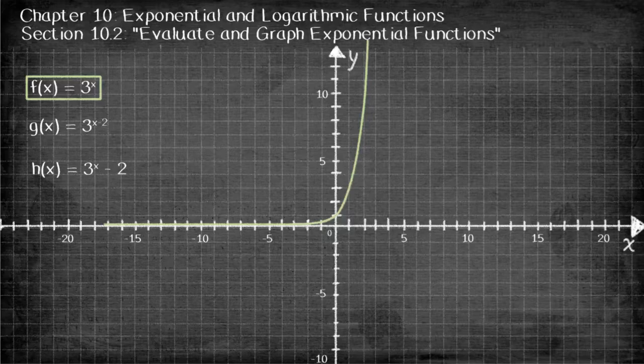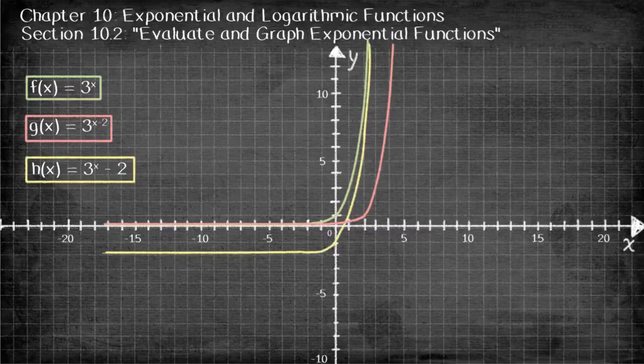And so you're doing the x minus 2 before you evaluate the exponential. And just like in the case with quadratics, that means that we are shifting to the right 2 units. And for h of x, we're subtracting the 2 after evaluating the exponential. And the net effect there is that we move our graph down by 2 units.